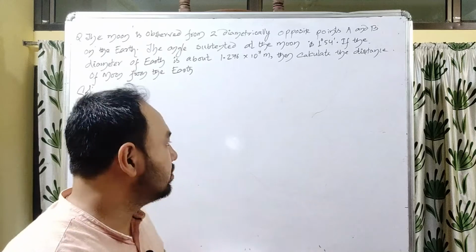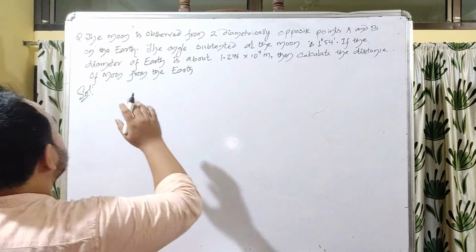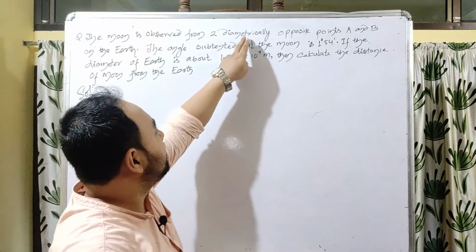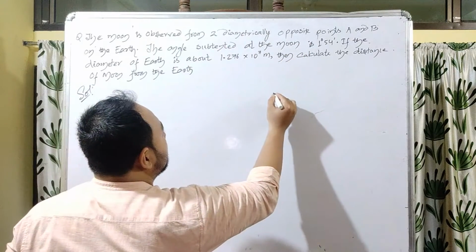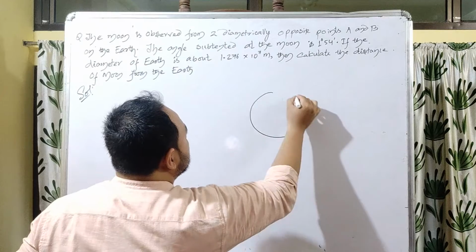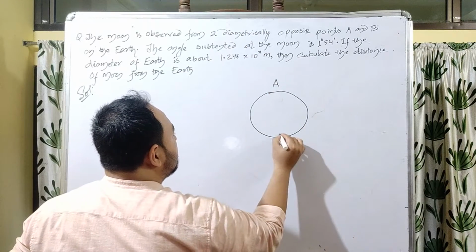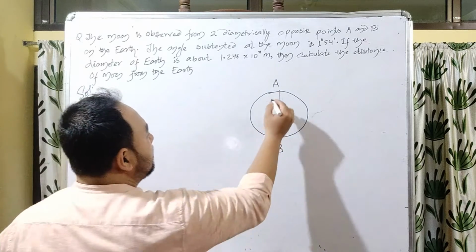Okay, so let us proceed to some numericals based on parallax. In this question, it is given that the moon is observed diametrically from two different points A and B on the earth. So let us consider this to be earth, and A and B be the two positions diametrically.